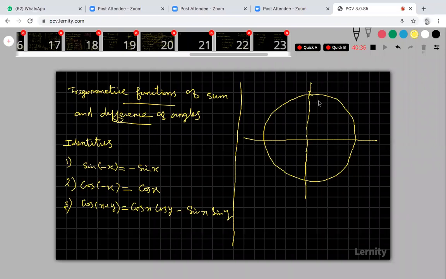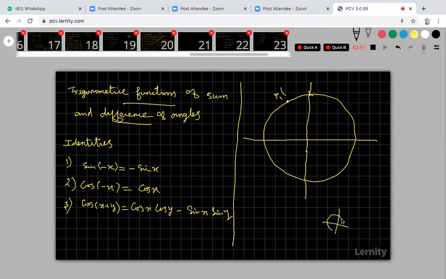I am going to take some points. Suppose I am taking point P1. Any point on the unit circle is denoted as P of A comma B. This we have already discussed.